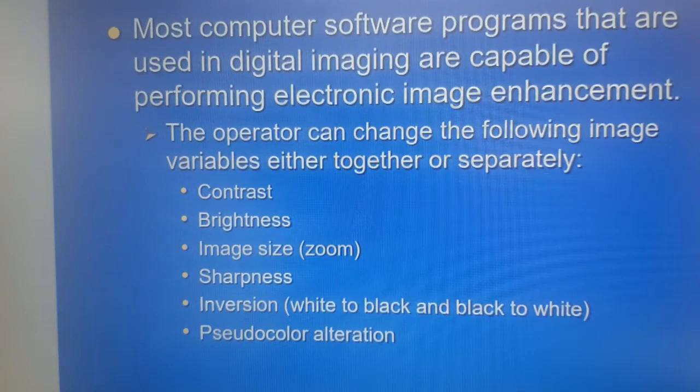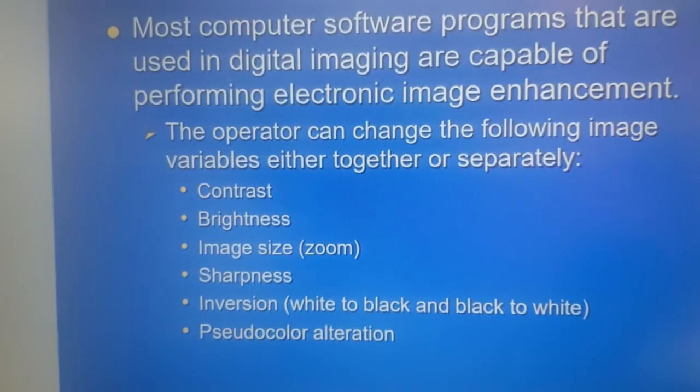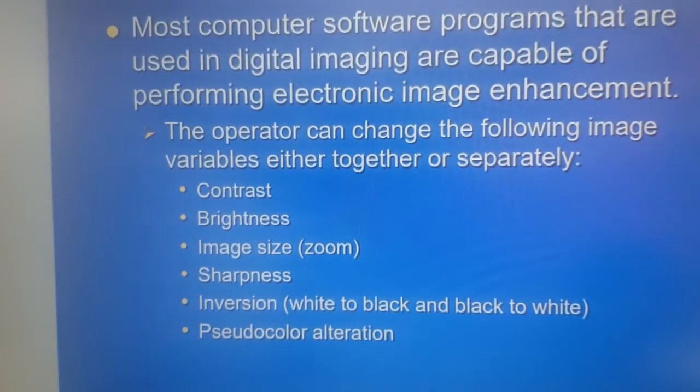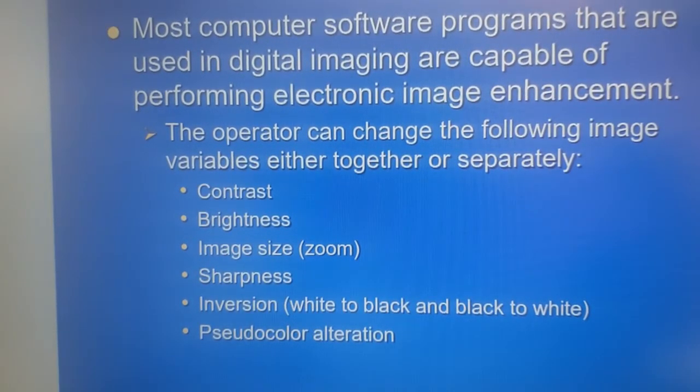And then we can even perform pseudo color alteration, because some people struggle visualizing certain images with a certain color, so they make use of other colors or pseudo colors just to help improve the image for better diagnosis and therefore better treatment planning for the patient, because that's essentially what we want to get to at the end of the day. So that is it, ladies and gentlemen, when it comes to digital imaging.